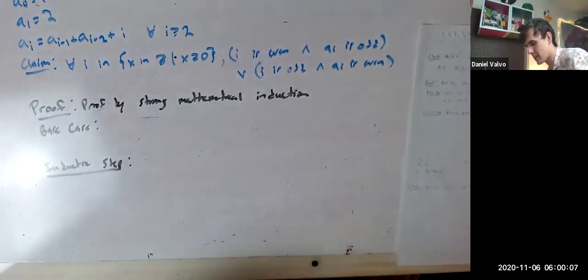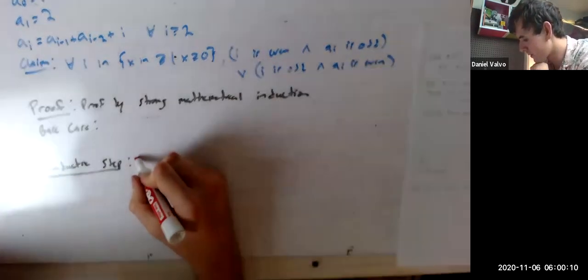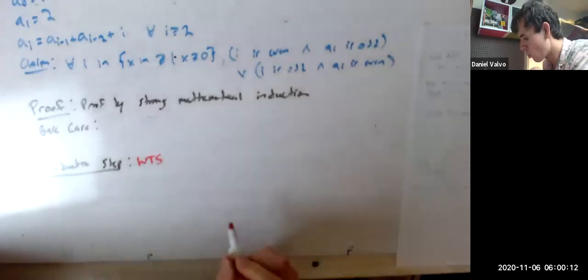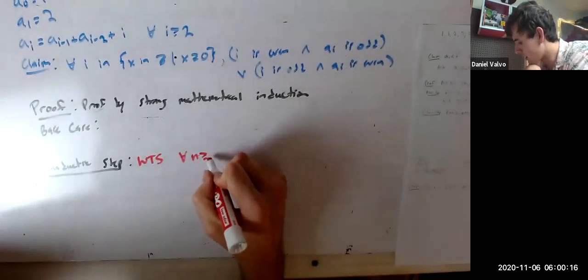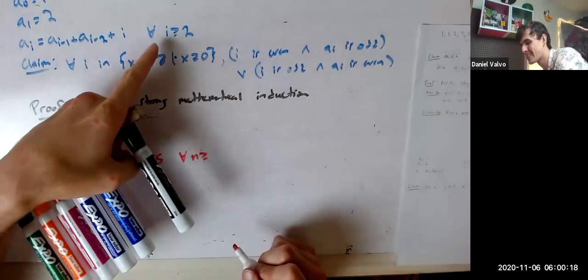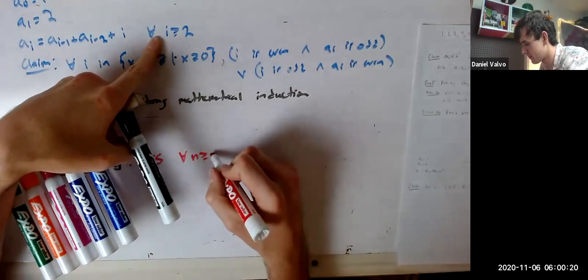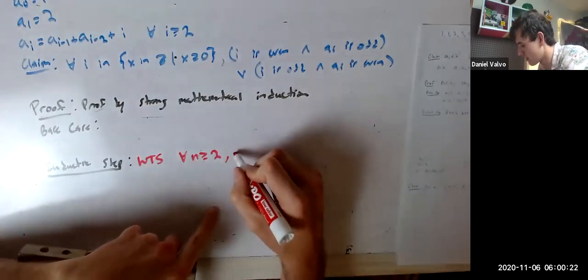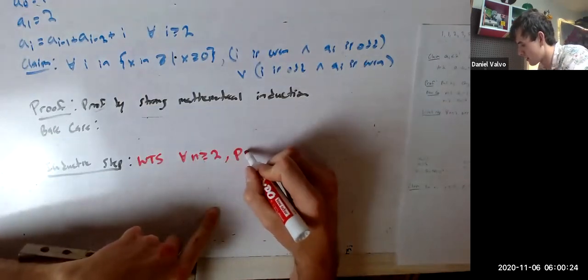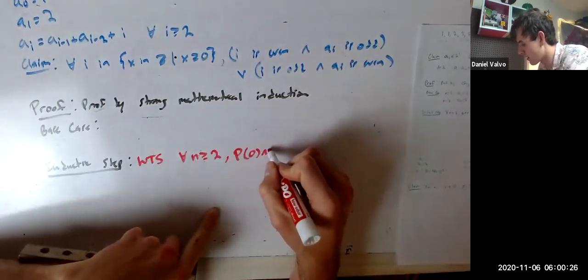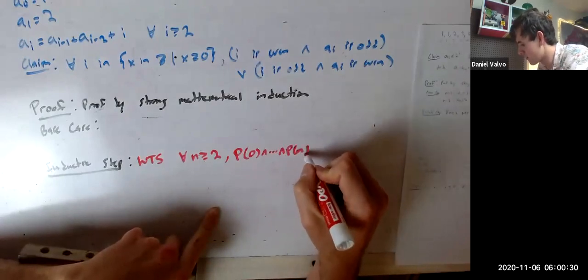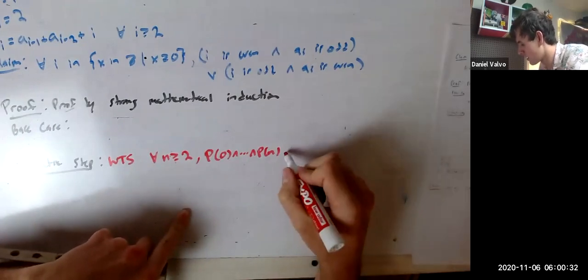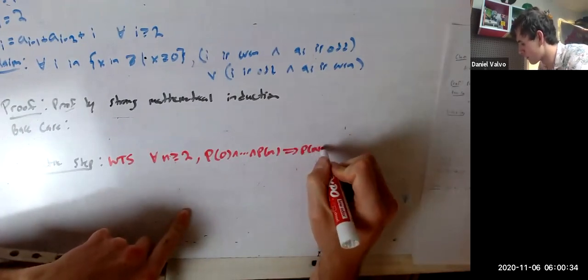So here the inductive step, we want to show that for all n greater than or equal to 2, P of 0 all the way out to P of n implies P of n plus 1.